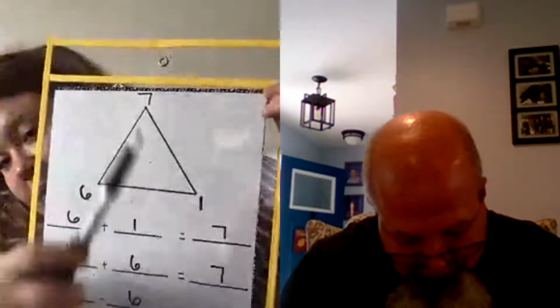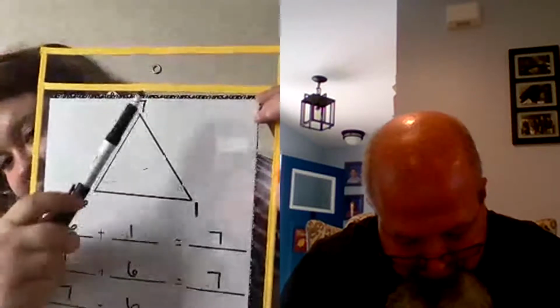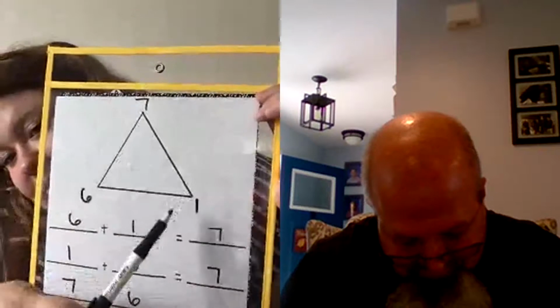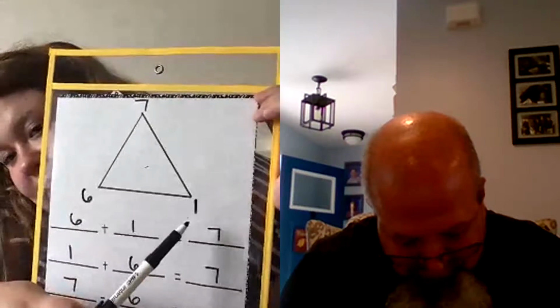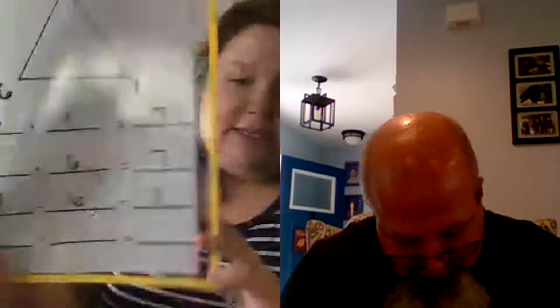So we're going to do 7 minus 6. And all of our answers are always going to be inside the fact triangle. So if I use 7 and I use 6, that means my only probable answer would be 1. So now we know 7 minus 6 equals 1.